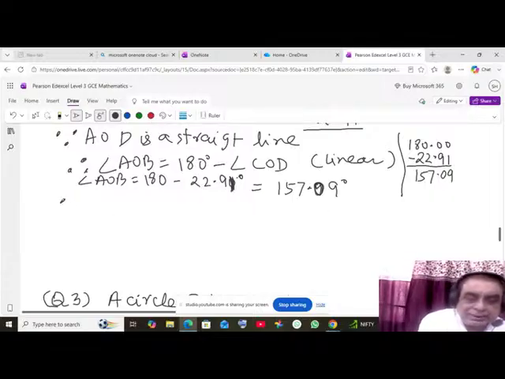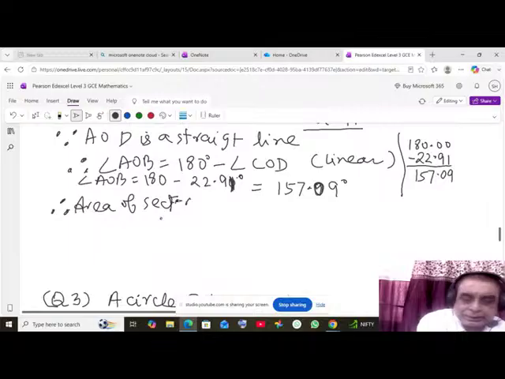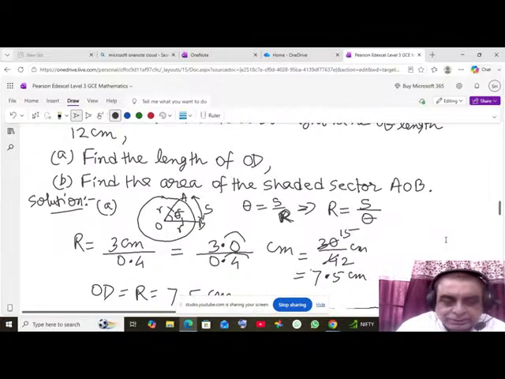So we are asked to find the area of the sector. Which sector? This sector. In the B part, we are told AOB.